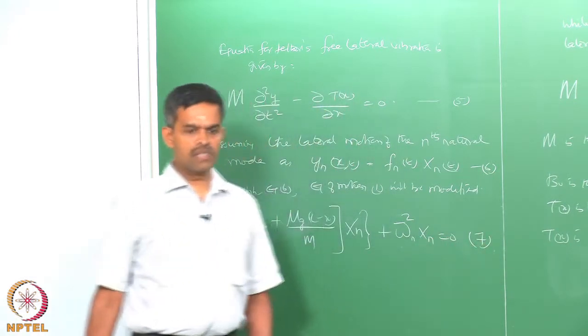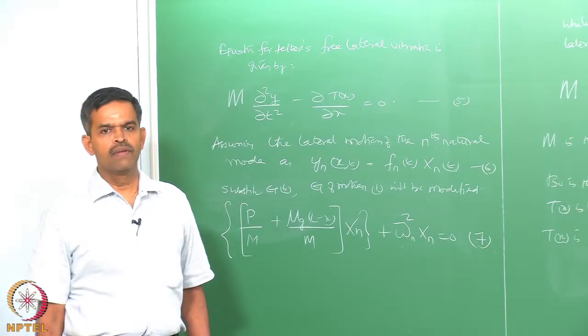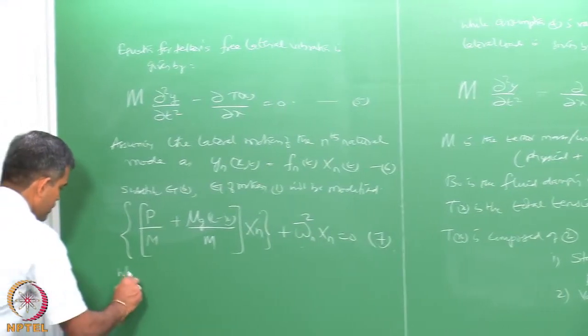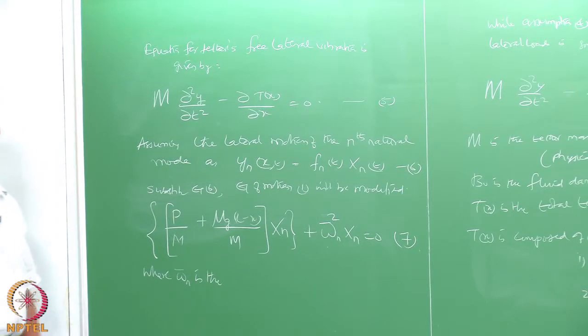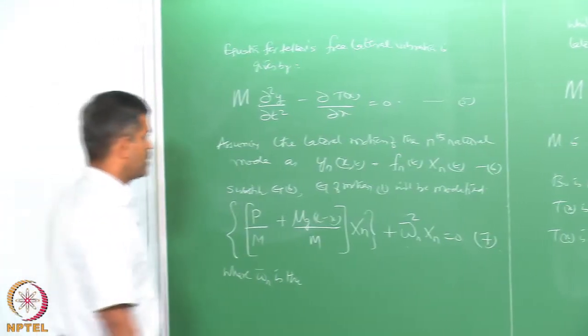Let us say equation number 7, where omega bar n is the natural frequency of the nth mode.